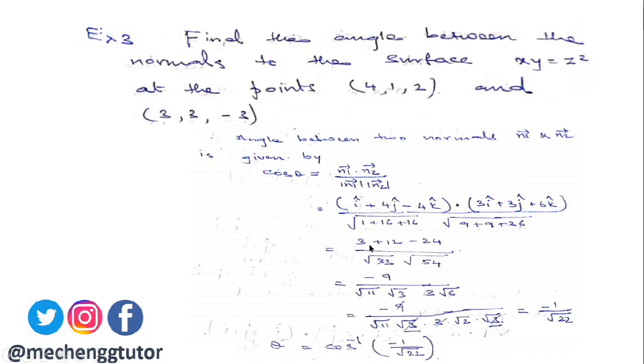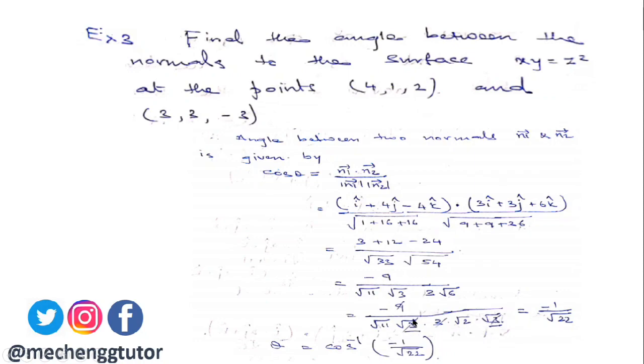So here 15 minus 24 is minus 9. See, root 33 is written as root 3 into root 11. Then here 9 into 6, 9 you take out, 3 root 6. So minus 9 upon root 11, root 3, 3 kept as it is, root 6 is written as root 2, root 3.